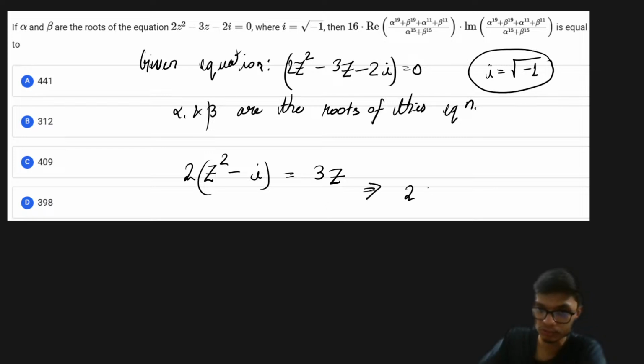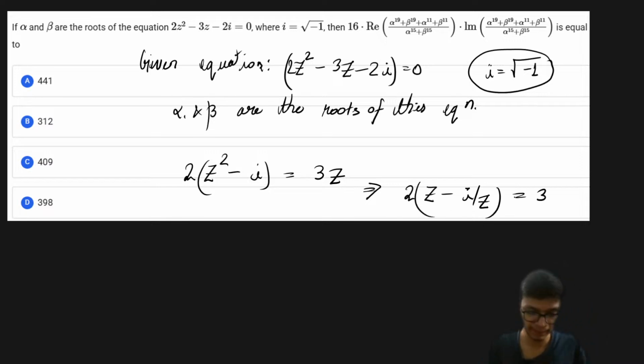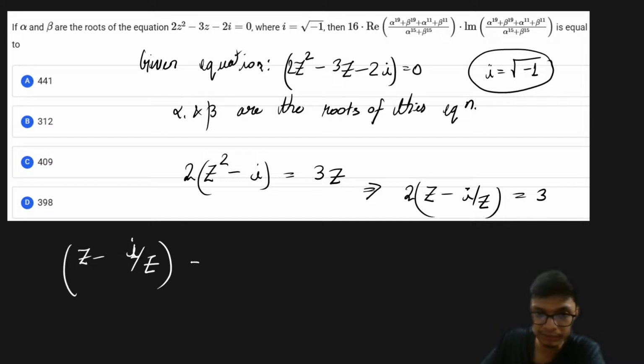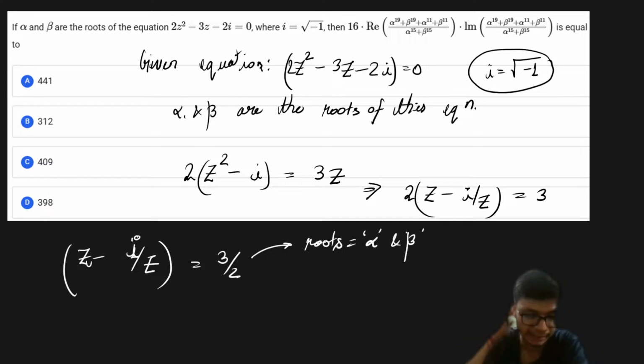Further I can simplify this as 2 times (z minus iota by z) equals 3. So z minus iota by z equals 3 by 2. For this equation, the roots are alpha and beta.